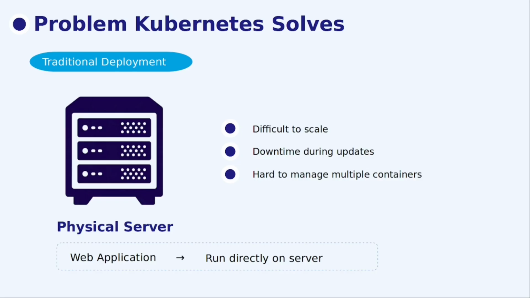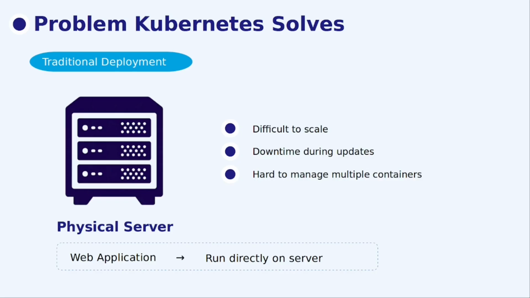The second problem is downtime during updates. When we deploy a new version of the application, we often need to stop the old version first and then start the new one. During this process, users may experience downtime. The third problem is container management.